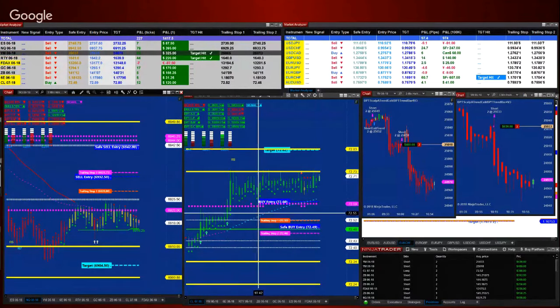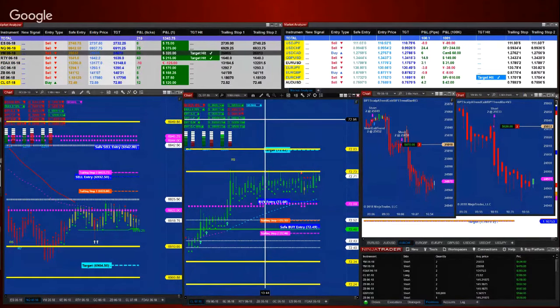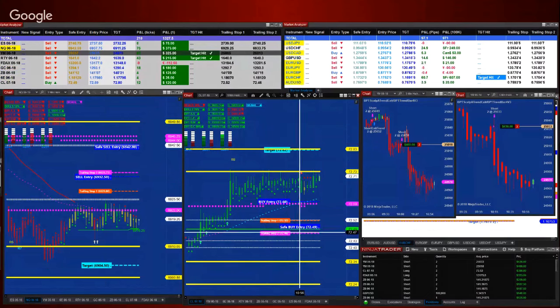At the moment, we only got a new signal on the ES, and we notified you guys that there is a new entry signal. The entry was at 72.59, and now we are hitting the target at 72.80.